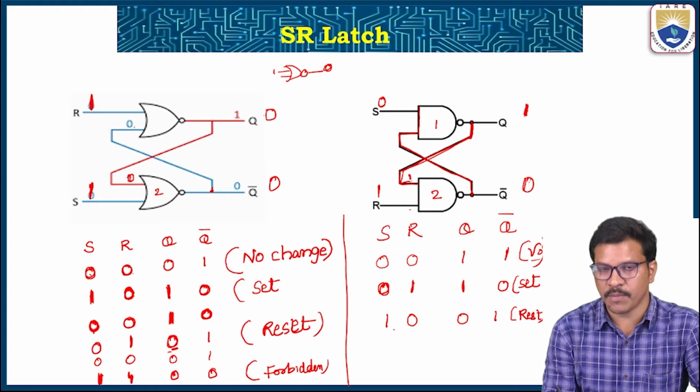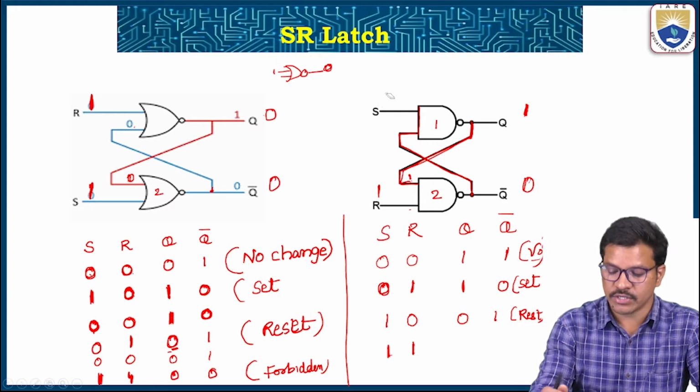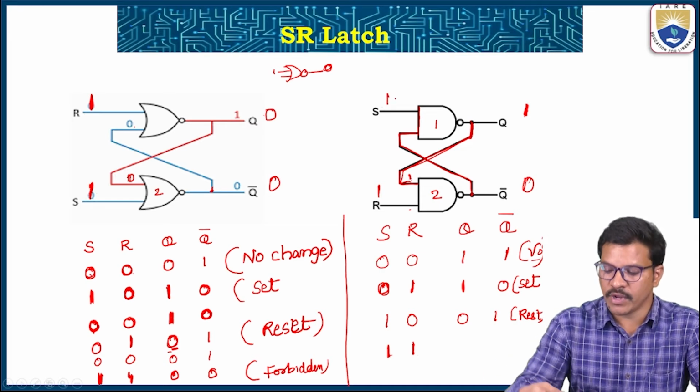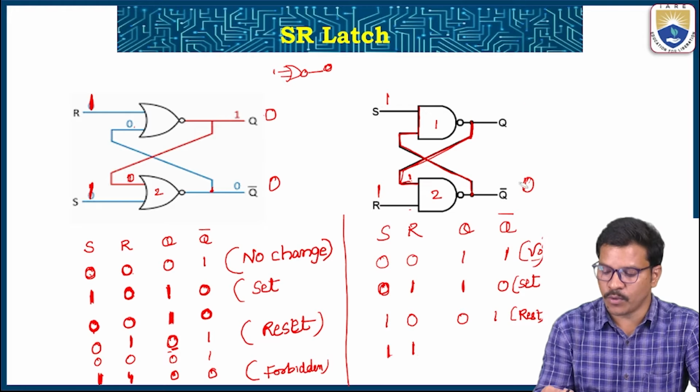Next case is S equal to 1 and R equal to 1. When both are 1 in the NAND latch, we can't decide what the output is.